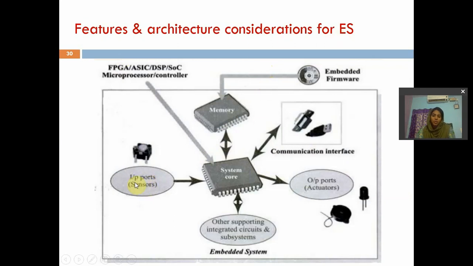We have input devices like sensors, and output devices like actuators. We have different types of memories, which we are going to study shortly. The system core is nothing but the processor, and we have different types of processors.